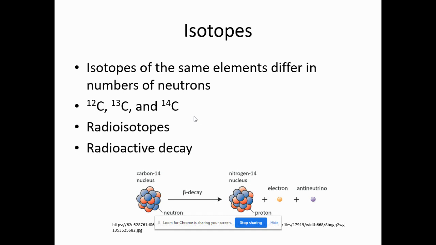This process happens at a predictable rate, and it results in predictable products. Whenever you have carbon-14 undergoing radioactive decay, it always breaks down to nitrogen-14.